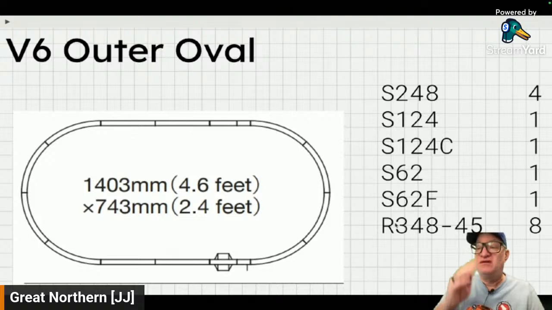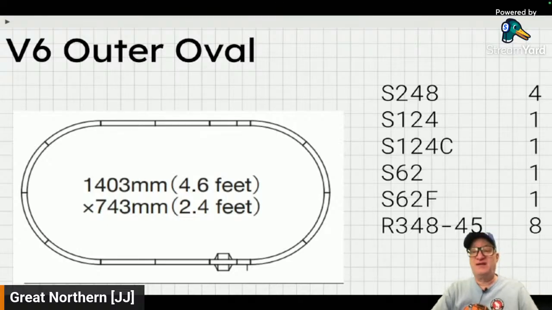So Kato makes most of these things set up for geometries where the distance between the two center to center tracks is 33 millimeters for the most part. And what that allows is all their radiuses, most of them are set up that way. And so that makes it very flexible to add in double track running.